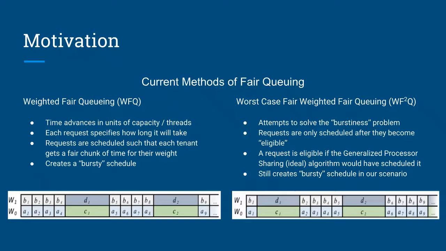And that prevents some of the things that have larger resource costs from running. So what you do is you have this ideal algorithm, generalized processor sharing, and you see if something would run under GPS. And if you would run under GPS, if it's your time, then you are made eligible and you can run.